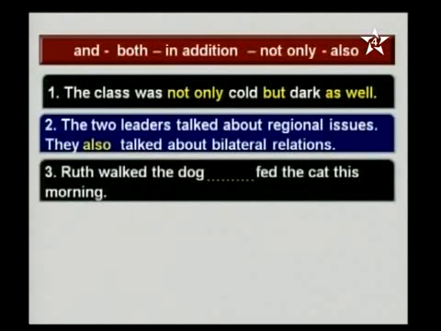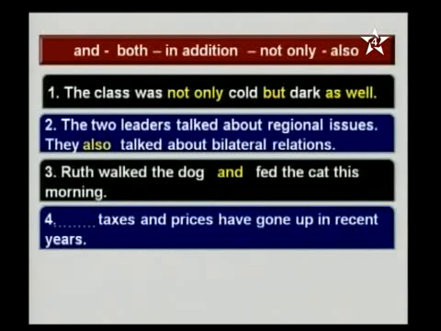Here's the third one. And, both, in addition, which one? Yes, Ruth walked the dog and fed the cat this morning. Two left. Number 4, taxes and prices have gone up in recent years. So, is it and, is it both, or in addition? Sure, both.